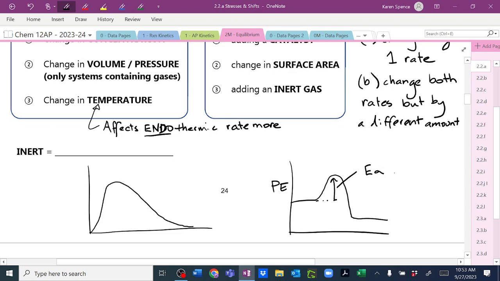Of the exo. Now going from here up to the top, that would be the activation energy of the endo. So always the activation energy will be greater for the endothermic direction, okay?